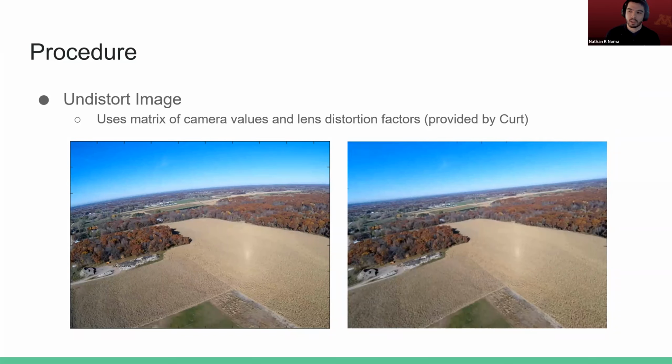You basically just apply a matrix transformation to the image as it's loaded in, and it returns this image. So you see the one on the right has a relatively flat horizon, as you would expect if you were observing from that angle. And I forgot to mention, all of this processing was done in MATLAB with the Image Processing and Computer Vision Toolbox.